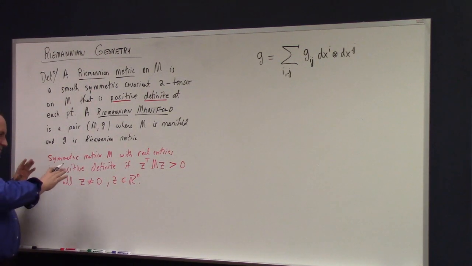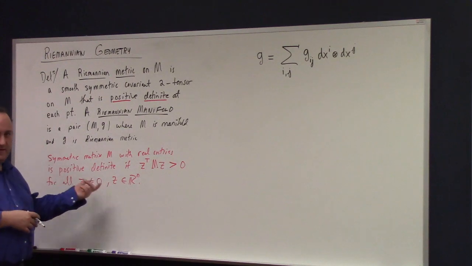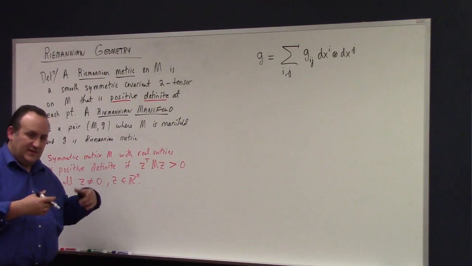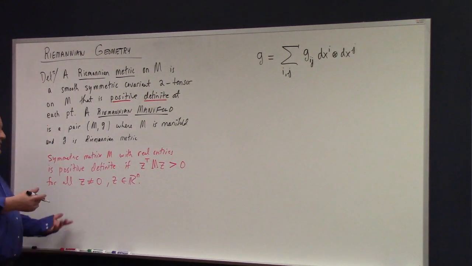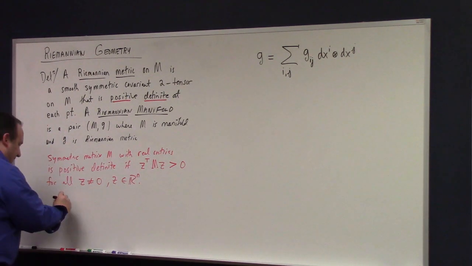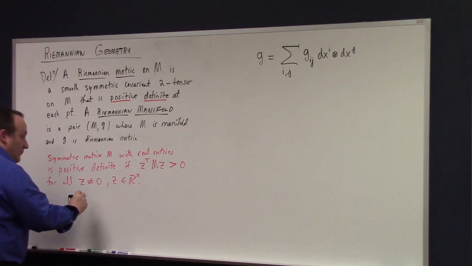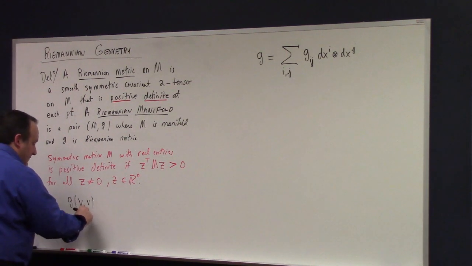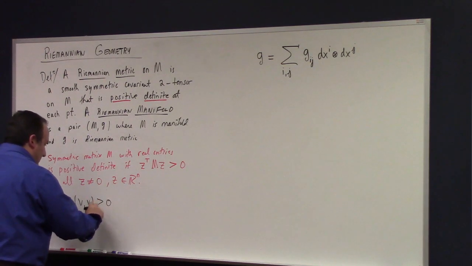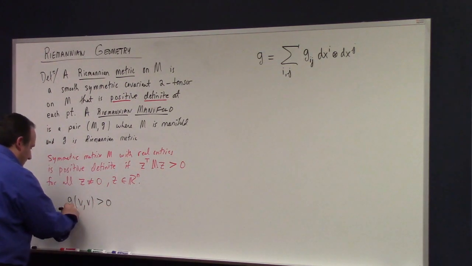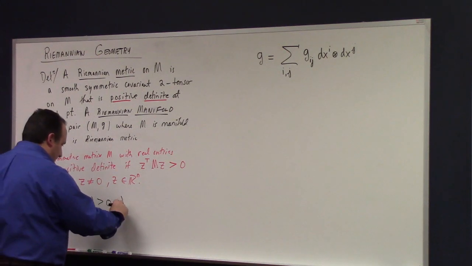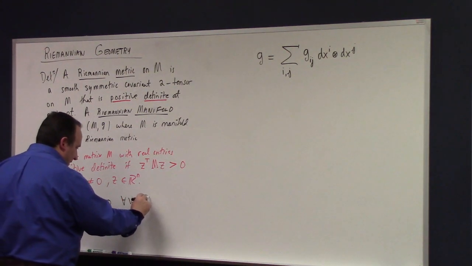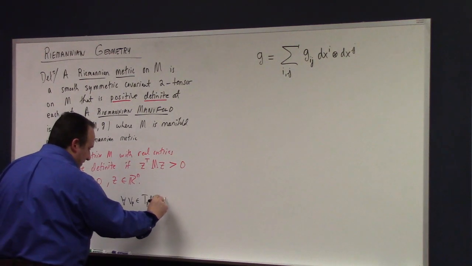But you can imagine instead of having real entries, you have real functions, right? A way we could write that explicitly would be something like this: g_p(v_p, v_p) is greater than 0 for all v_p in T_pM, v_p not equal to 0.